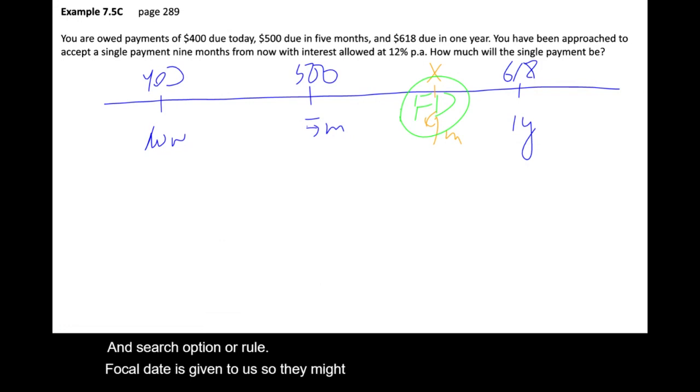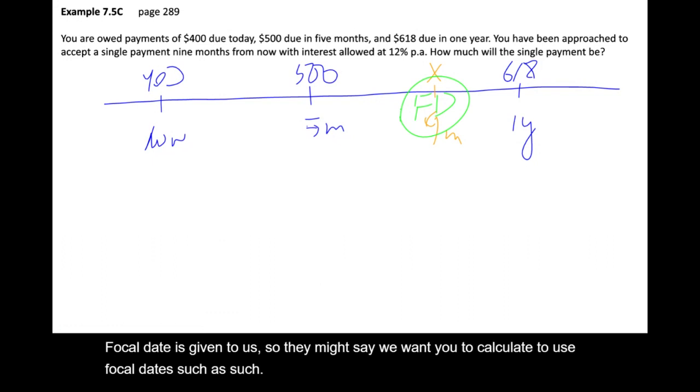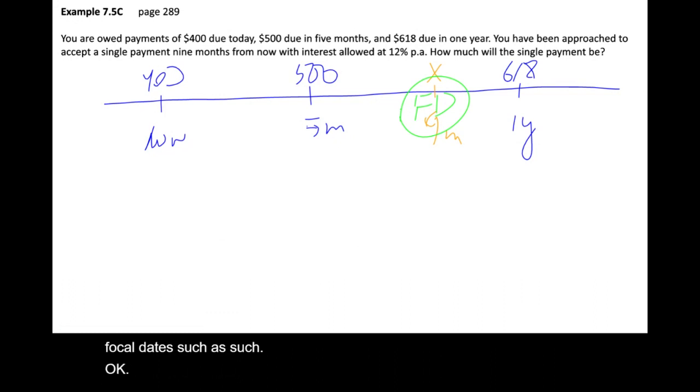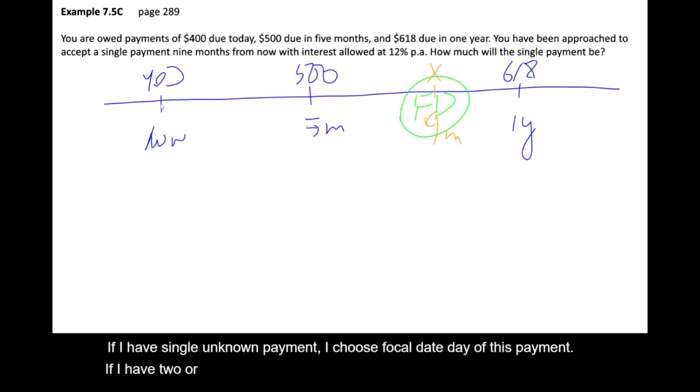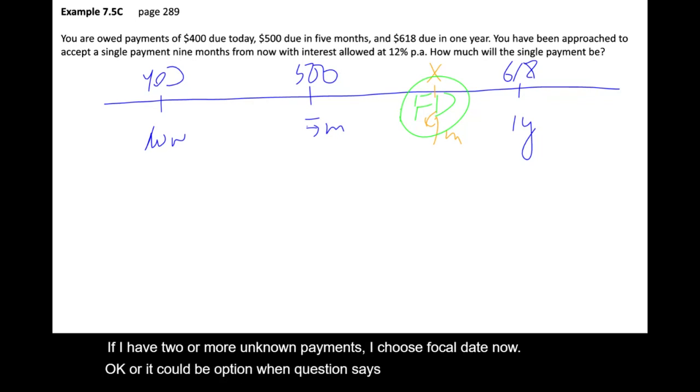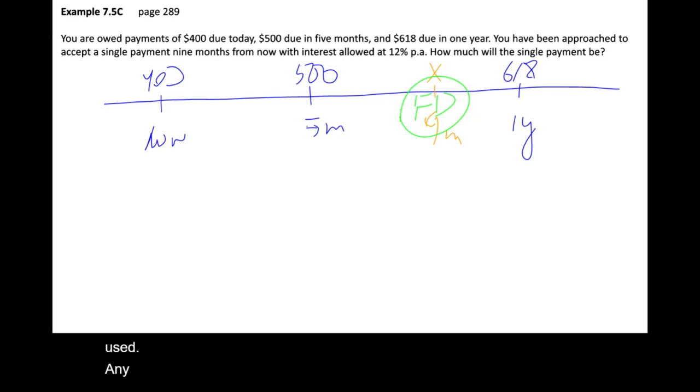They might say, we want you to use such and such focal date. So repeat one more time: single unknown payment, the focal date is the day of this payment. Two or more unknown payments, focal date now. Or the question says that a specific focal date has to be used. Any questions, people?